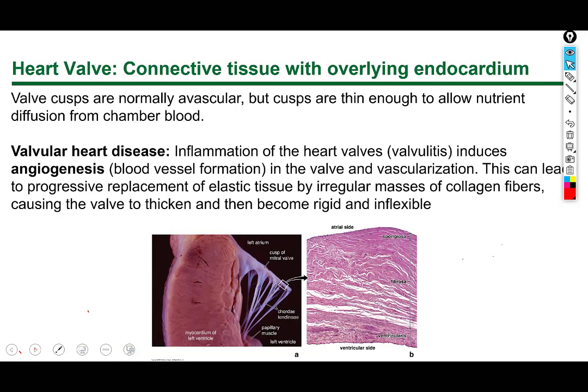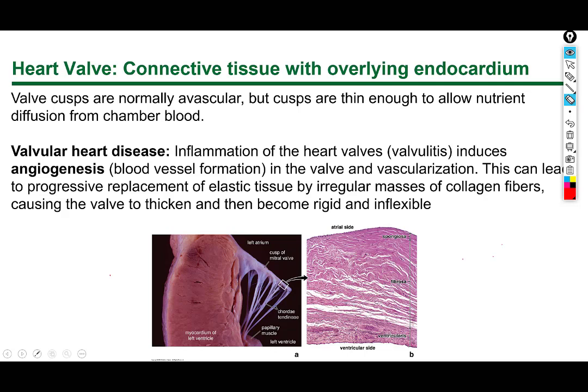Okay. So I mentioned the endocardium needing to be scraped off of the valves for a valve replacement if you're getting an animal valve or a cadaveric valve. So ordinarily the endocardium is continuous over the valve, so it covers the valve itself.